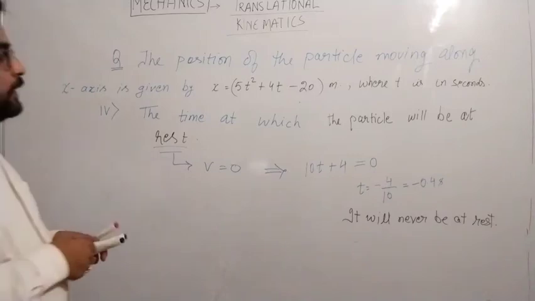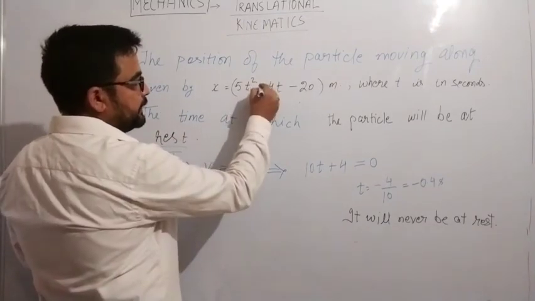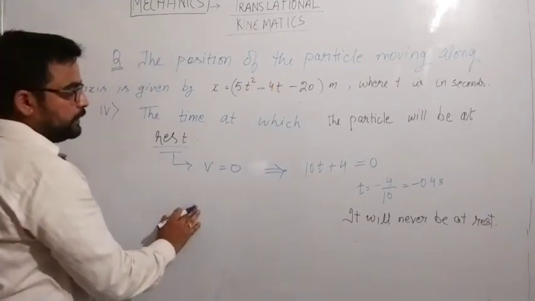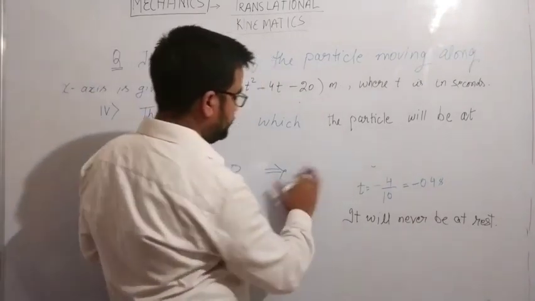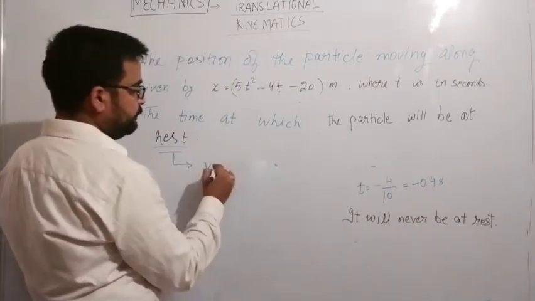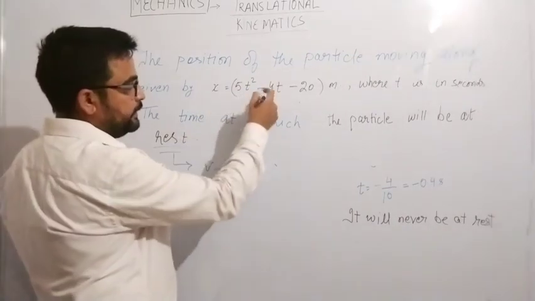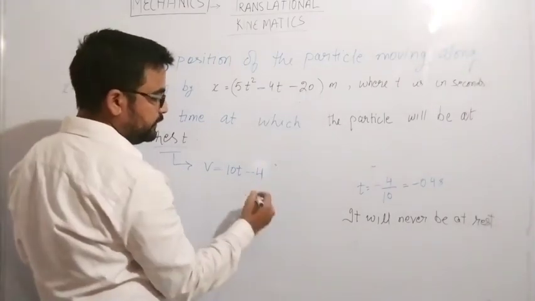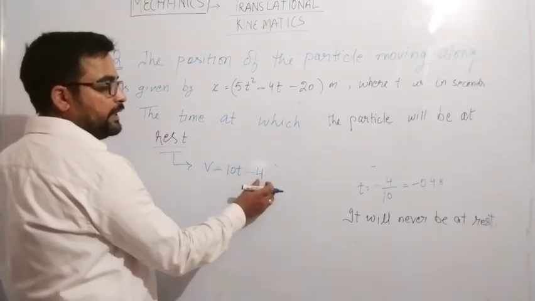Now think about the same question. If there would have been a negative sign here, what would have happened? So now velocity would have been the derivative, 10t minus 4. So now you will have v is equal to 10t minus 4.